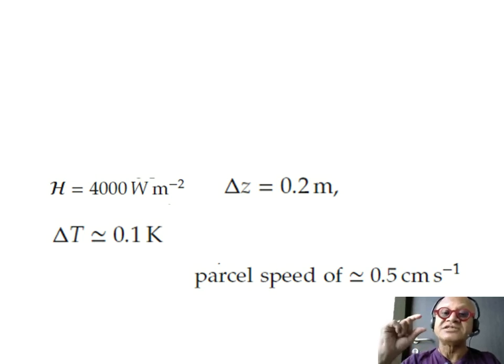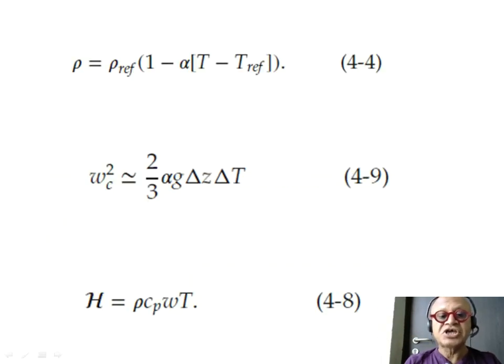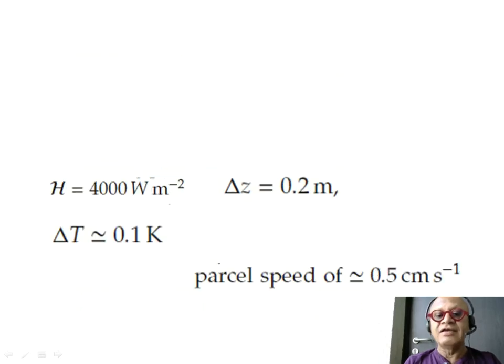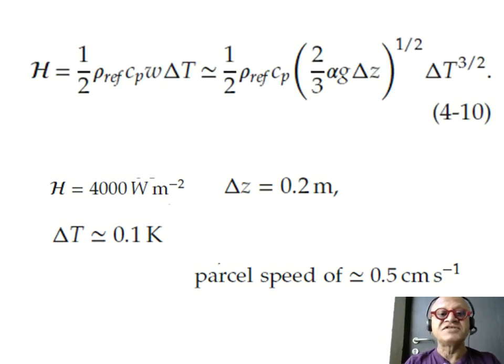We know the delta Z over which the convection is happening in the tank, and we know the change in temperature that is being induced by the convection, which gives us, plugging into this relation, a vertical motion of half a centimeter per second, which may seem small, but in a small tank like that, that's a pretty vigorous vertical motion, which can be measured by using some techniques because of the visibility of the potassium permanganate.